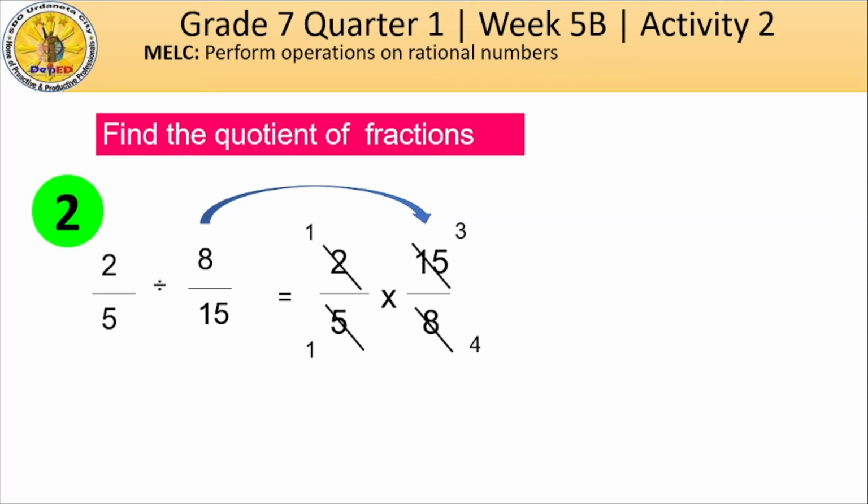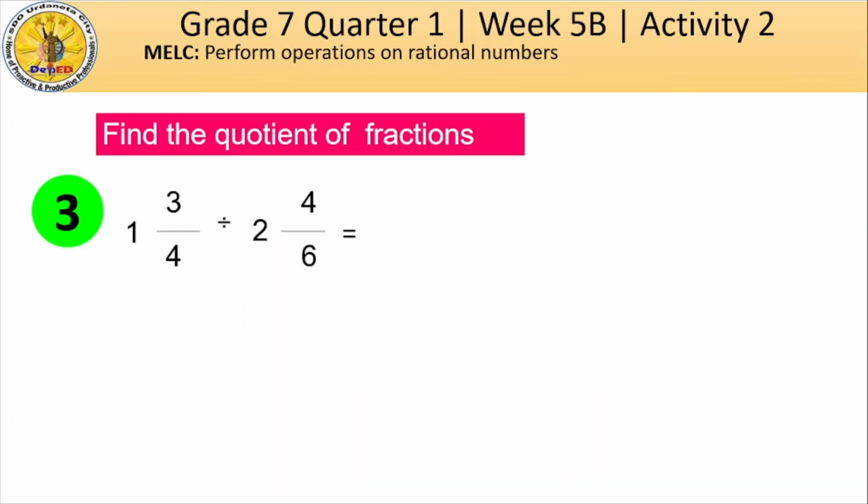Both of them are divisible by 5. 5 divided by 5 is equal to 1 and 15 divided by 5 is equal to 3. Now, let us rewrite these fractions. We will be having 1 over 1 multiplied to 3 over 4. So 1 times 3 is 3 and 1 times 4 is 4. Therefore, 2/5 divided by 8/15 is equal to 3/4.